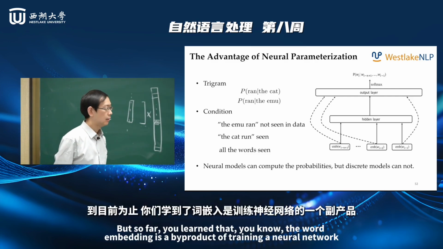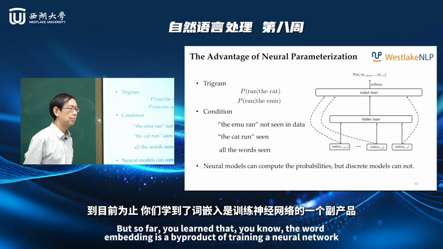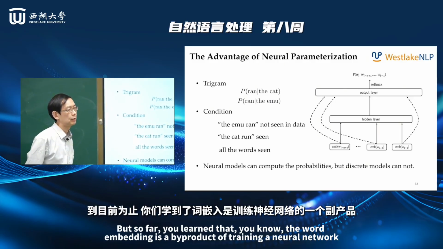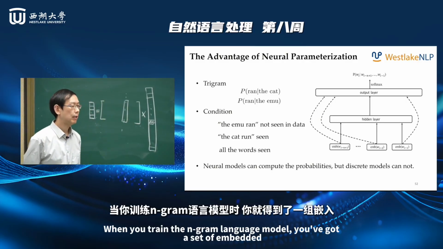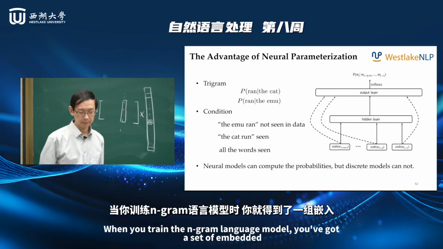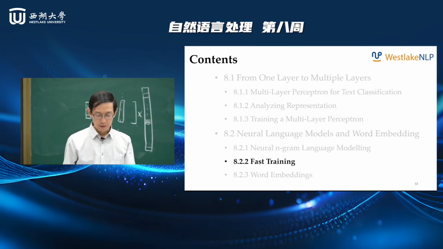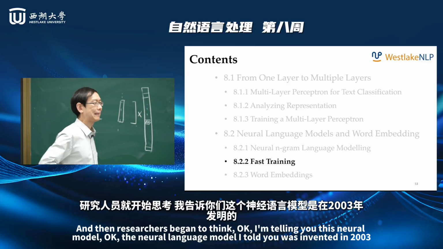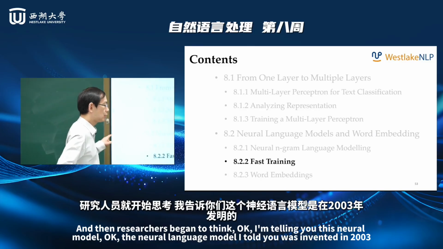But so far, you learned that word embedding is a byproduct of training a neural network. When you train the n-gram language model, you get a set of embeddings.